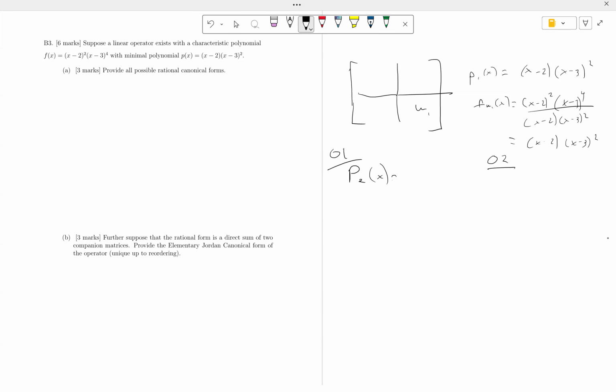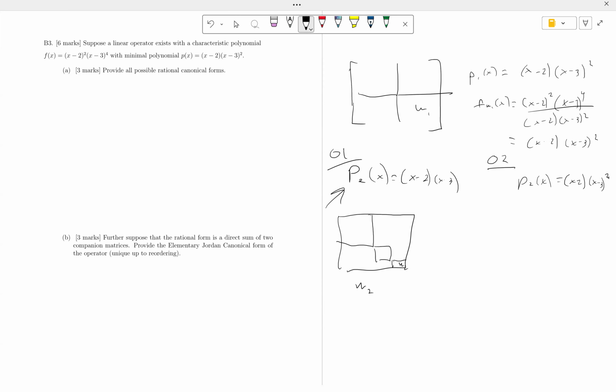Option 1 is (x minus 2)(x minus 3), and option 2 is (x minus 2)(x minus 3) squared. Now, if we go with option 2, then because my characteristic is a 6 by 6, I still have to break it up again, so I get another W2.